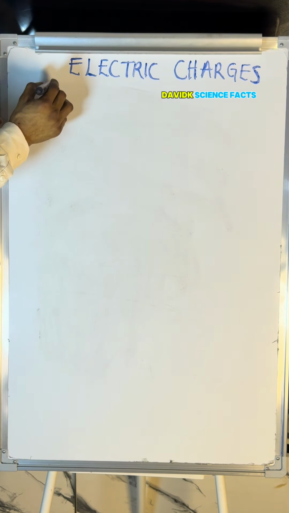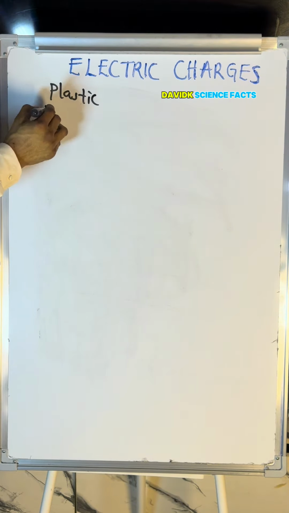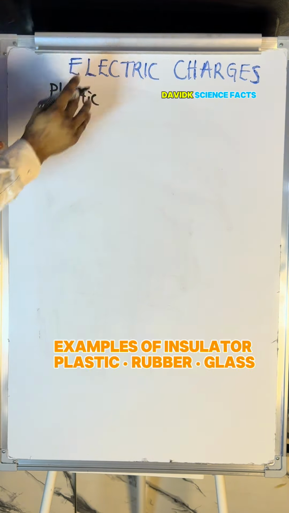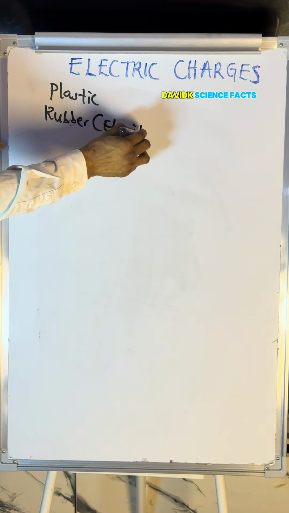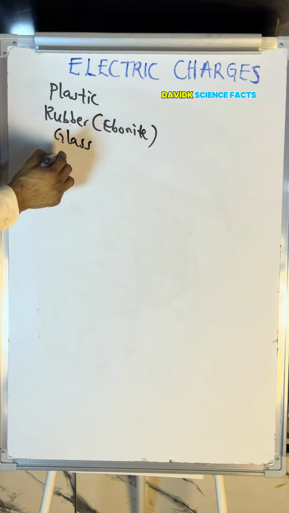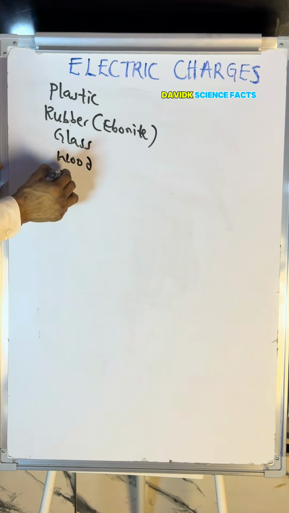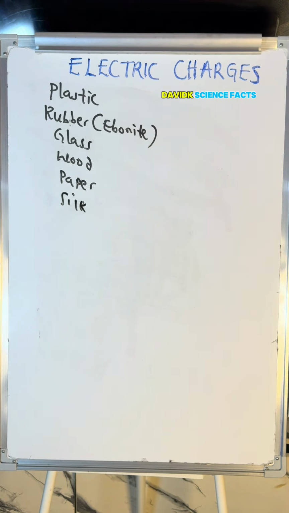Examples, we have plastic, we have rubber. Do you understand? We have glass, we have wood, paper, and zinc. All these are examples of insulators. They are called insulators because they do not allow electricity to pass easily.